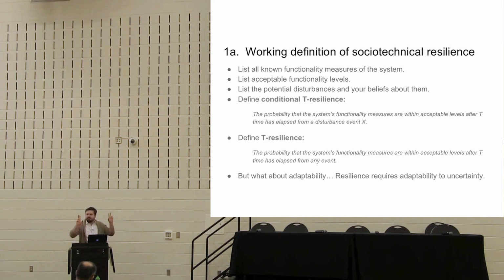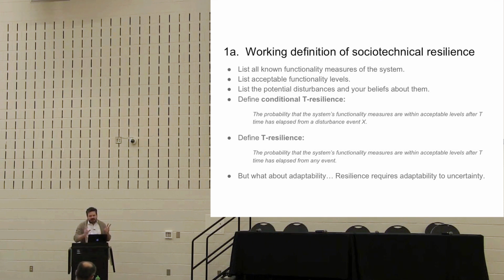So, for any socio-technical system, we said list all known functionality measures of your system, the quantities of interest that you can measure and correspond to the functionality of the system. Define acceptable functionality levels, and then list the potential disturbances and your beliefs about these disturbances, like earthquakes happening, hurricanes about to happen, and what is the probable intensity of these.